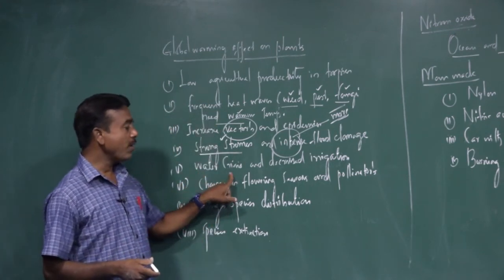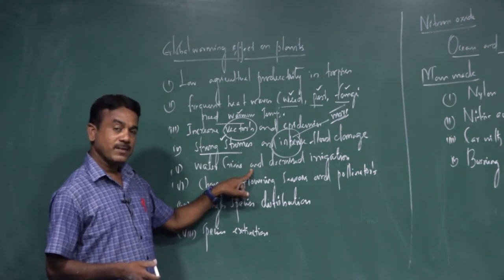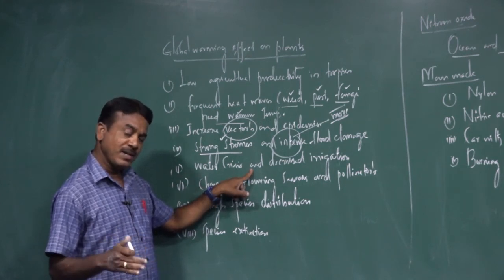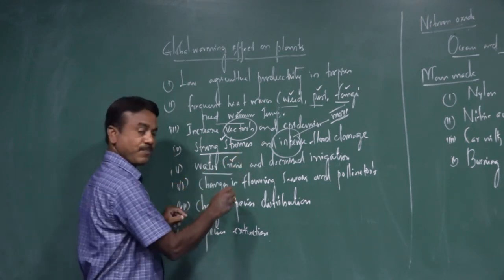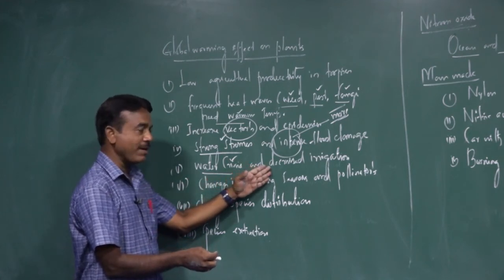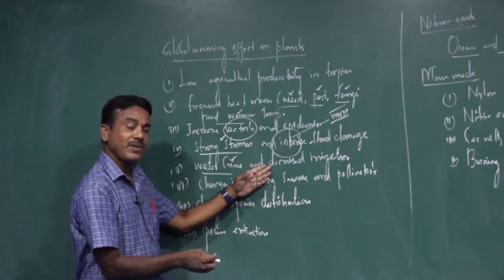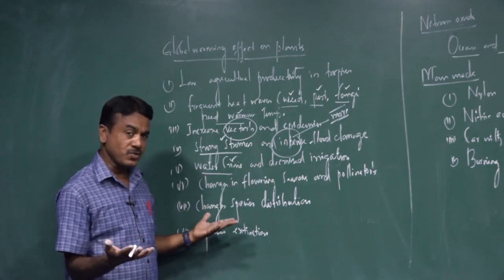Then water crisis and decrease in irrigation facilities. Some areas are going to flood, some areas are going to drought, resulting in water crisis. If there is a water crisis, irrigation facilities decrease. If there is no irrigation, there is no agriculture.